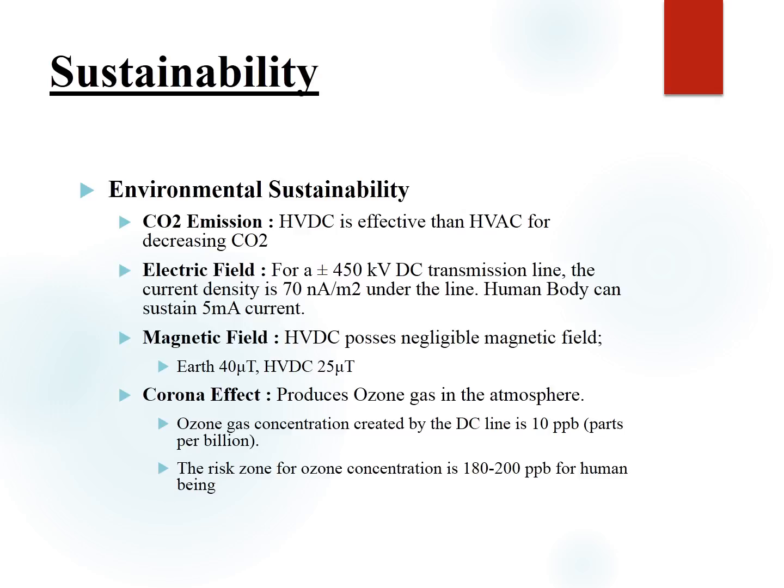And apart from that, high voltage DC is always a better option than high voltage AC in terms of the magnetic, electric, or corona effect on the environment, as we can see from the data available here.